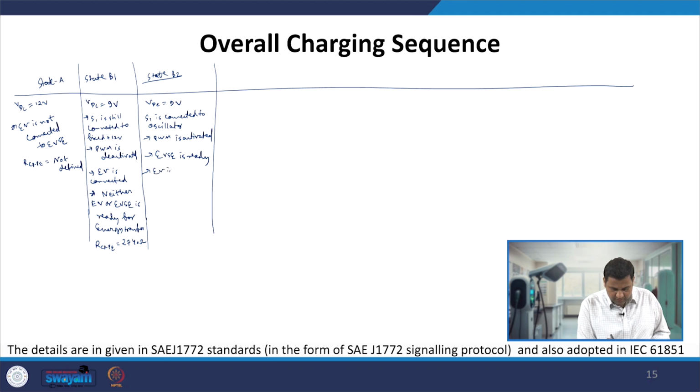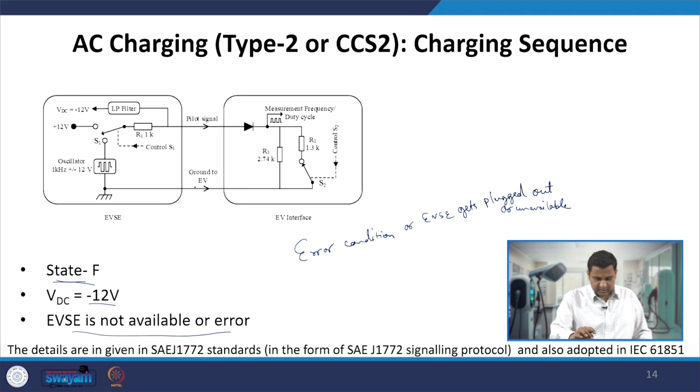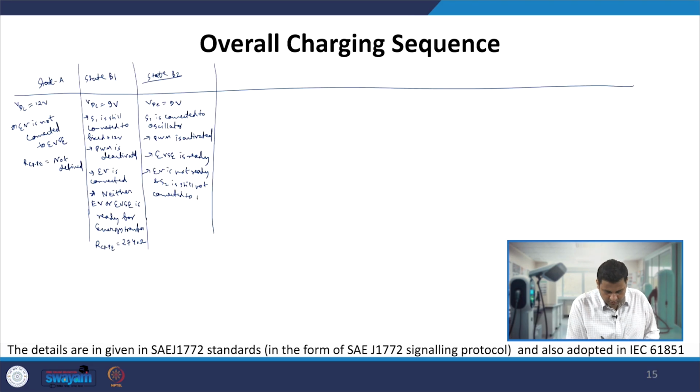However, our EV is not ready, and S2 is still not connected to R2.